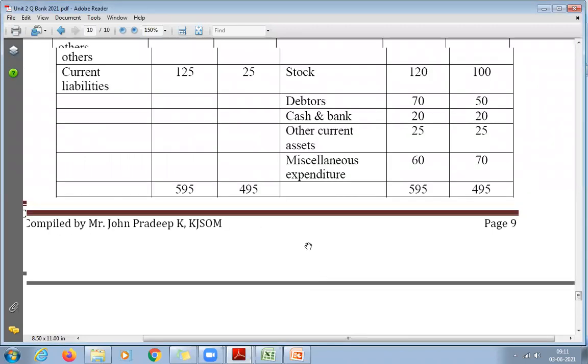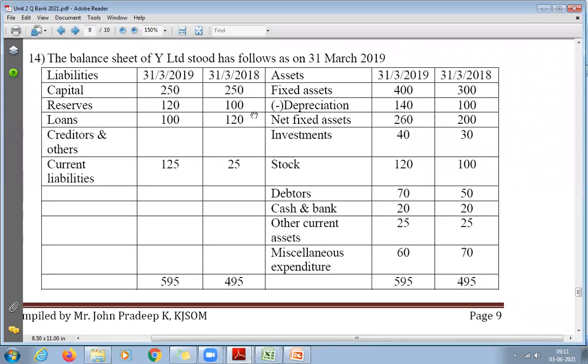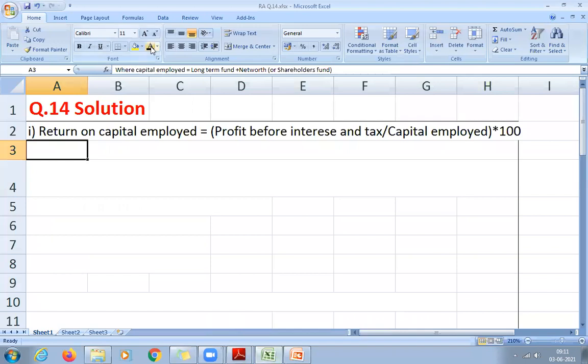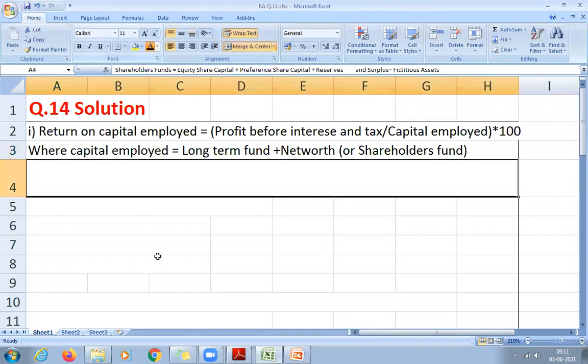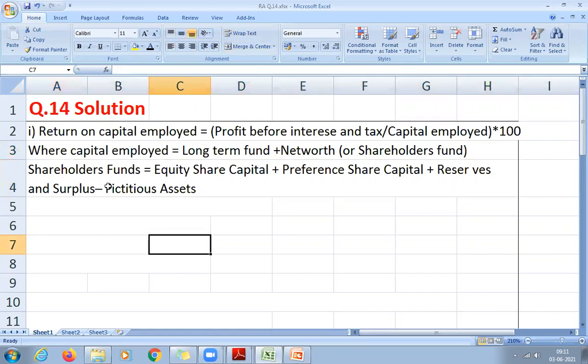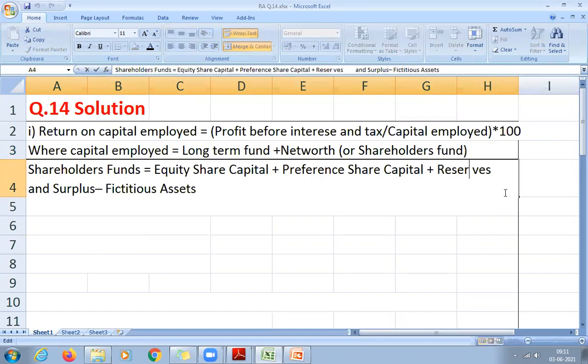So no need to worry about PBIT, but first we need to calculate shareholders fund. Just now we discussed that capital employed is long-term fund plus net worth or shareholders fund. So first let us calculate shareholders fund. Shareholders fund is equity capital plus preference capital plus reserves and surplus, minus fictitious assets.